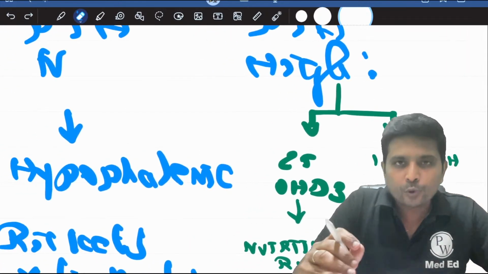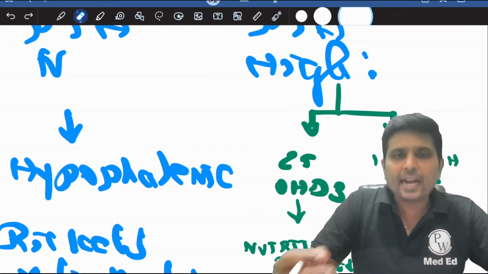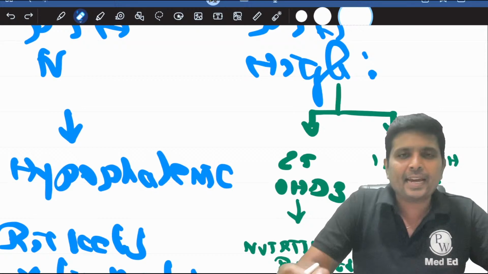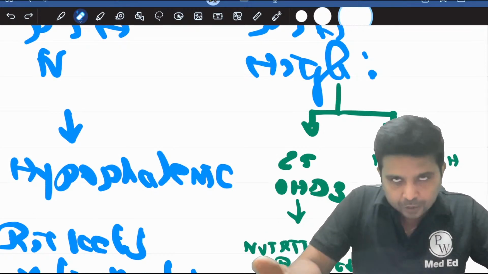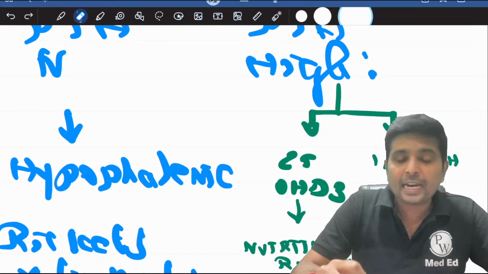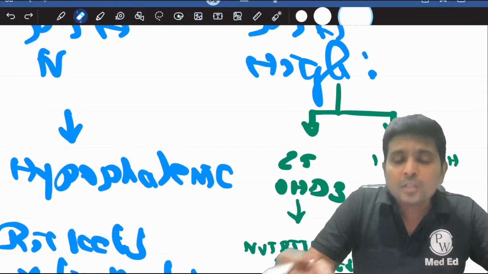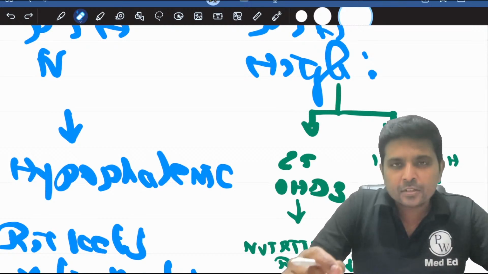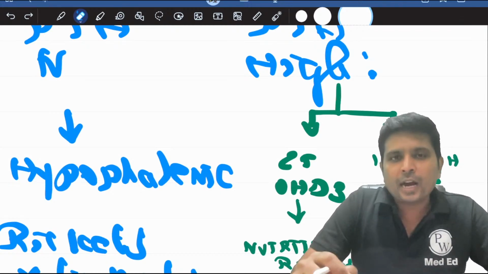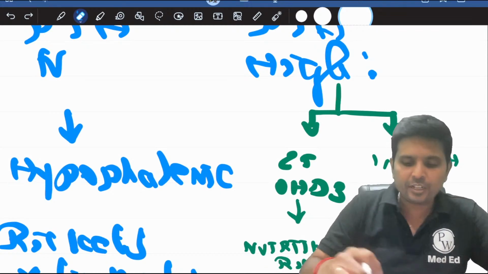Look at this: where you have low phosphorus and high parathyroid hormone, there are only three possibilities. Those three possibilities can be investigated by doing two tests. One is 25 hydroxy D3, another is 1,25 dihydroxy D3.